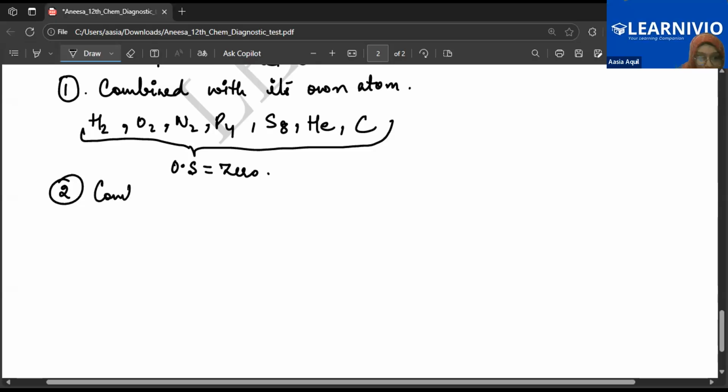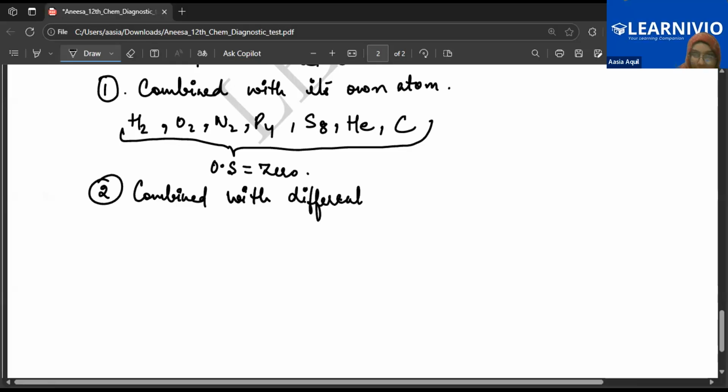Second, if it is combined with a different atom, the atom with higher electronegativity, you have to compare the electronegativity.